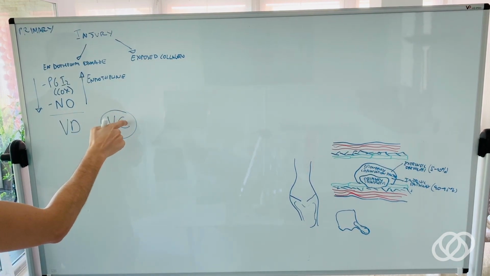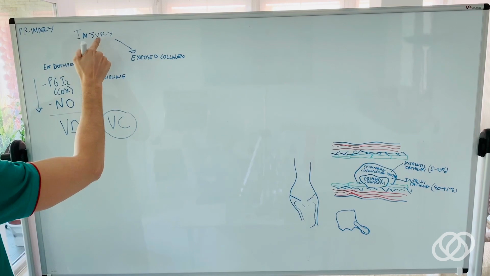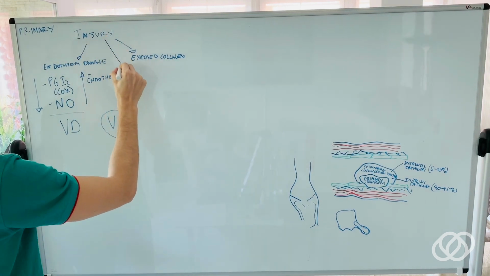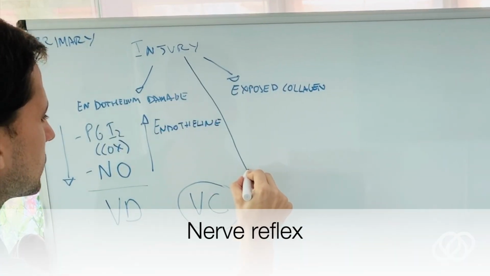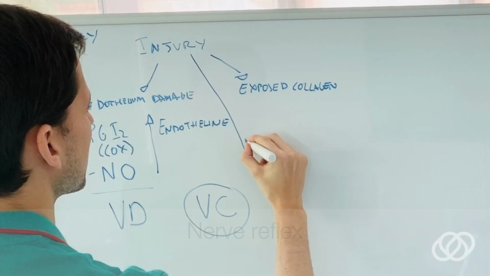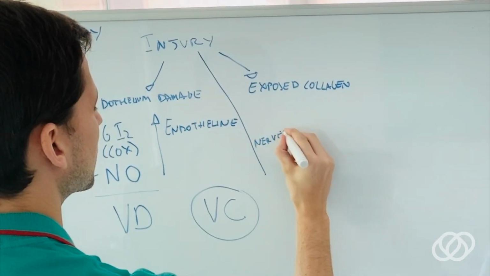Then, apart from this vasoconstriction, because of a nerve reflex, the proper injury... here we have a nerve reflex.